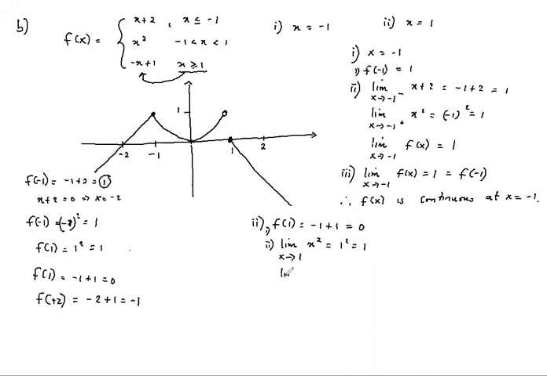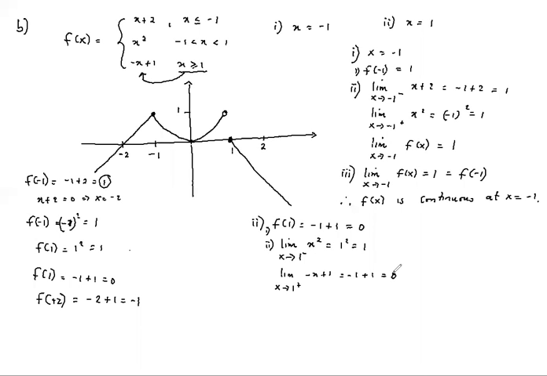You also check, so this was from left. You also check as x goes to 1 from right. From right, this is the one that has the right side of 1. And that is negative x plus 1, which is equal to negative 1 plus 1, which is 0.